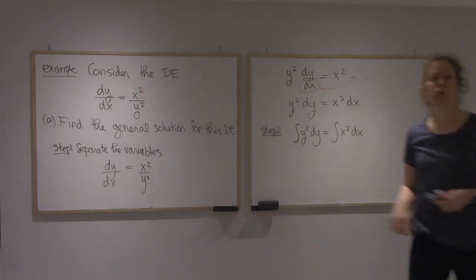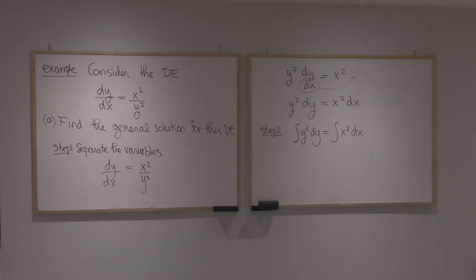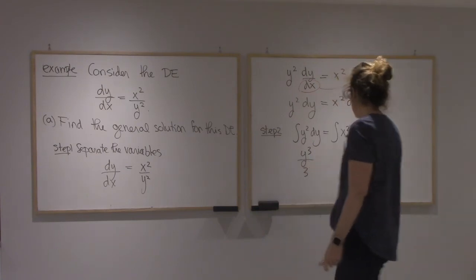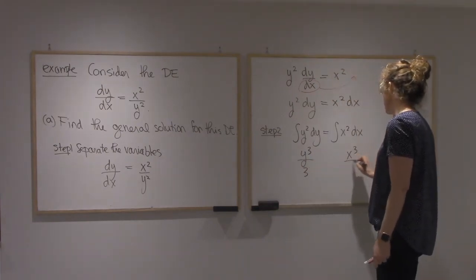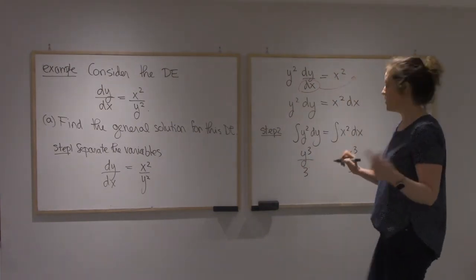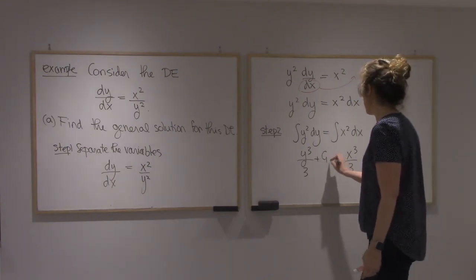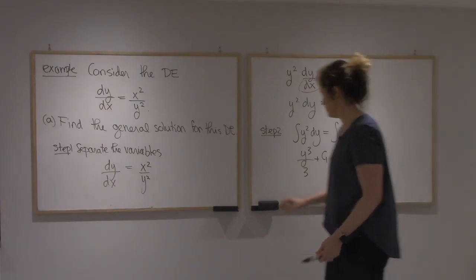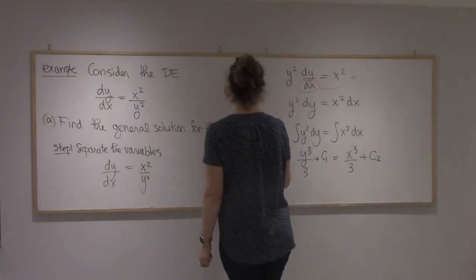Here I have dy, so that means my variable is y for that integral. So I get y cubed over 3. Here I get x cubed over 3. And don't forget the constants. I have one on this side and one on that side. So step 2 is integrate.